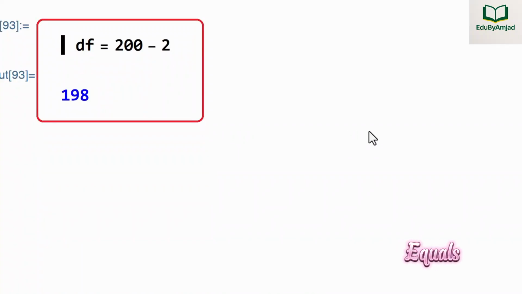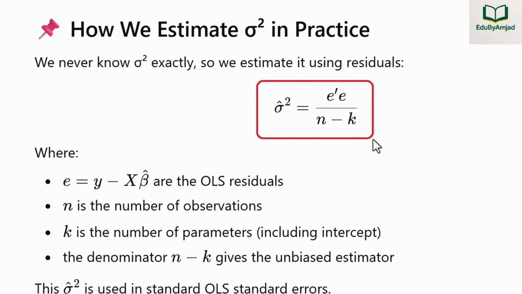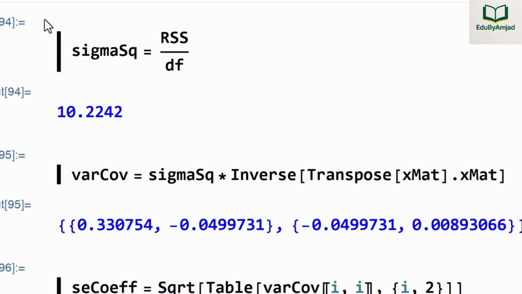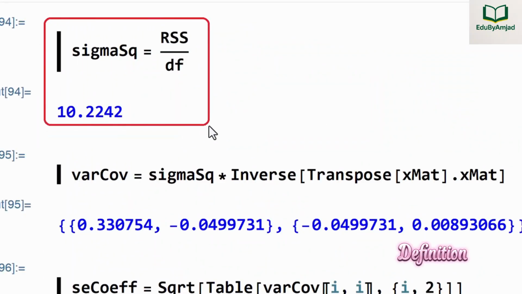Degrees of freedom equals the number of observations minus the number of estimated coefficients. The variance of the residuals, conventionally called sigma squared, equals residual sum of squares divided by degrees of freedom. This definition of error variance is valid only under the assumption of homoskedastic errors. Because our data is heteroskedastic, we will later replace this term with White's robust estimator.